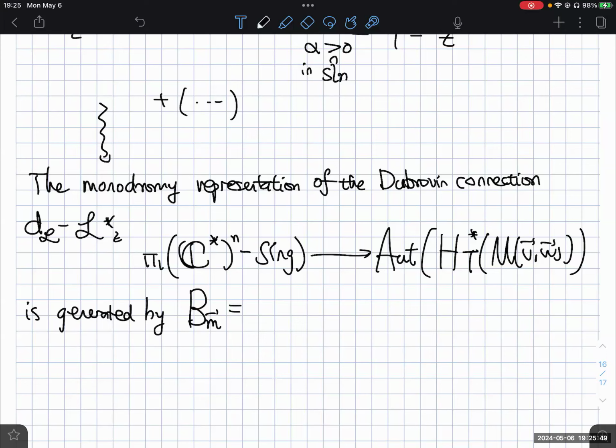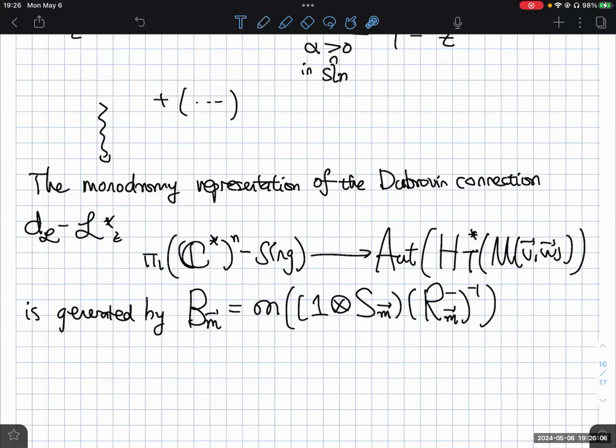Here they are actually the monodromy operators in some limit of the original monodromy operators, but eventually can be written like this.